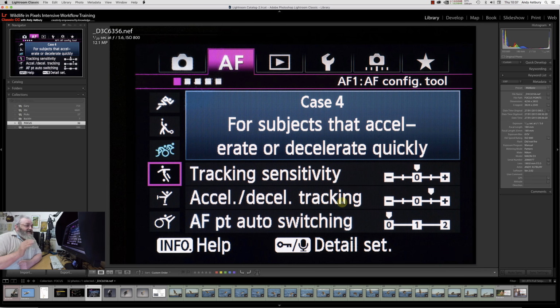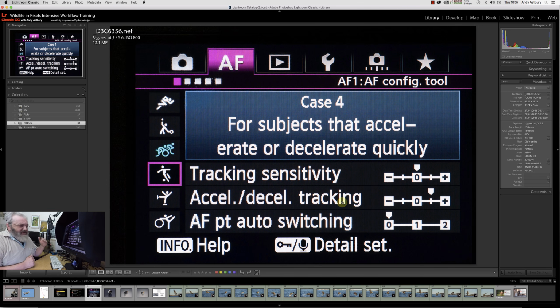But fundamentally, for non-Canon users and for Canon users who don't quite understand this, tracking sensitivity can be seen as a brake or a resistance. When I say a brake, I mean like brakes. Brake or resistance to major change. Acceleration, deceleration tracking can be thought of as a brake or a resistance to minor change.